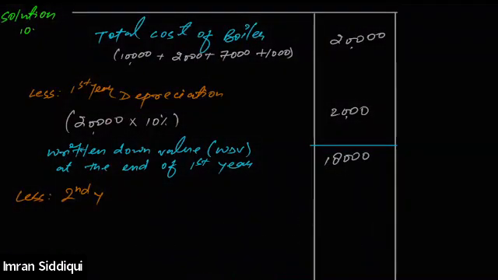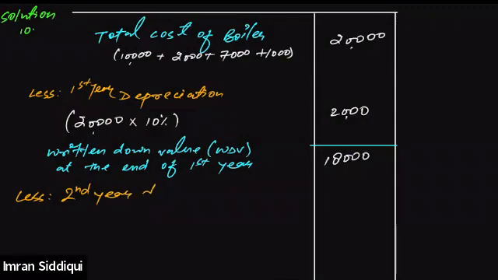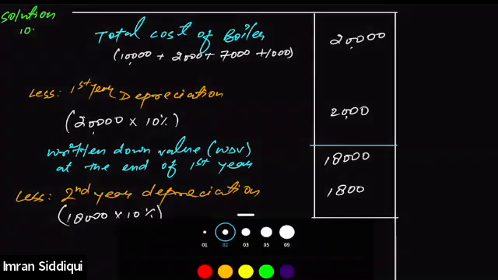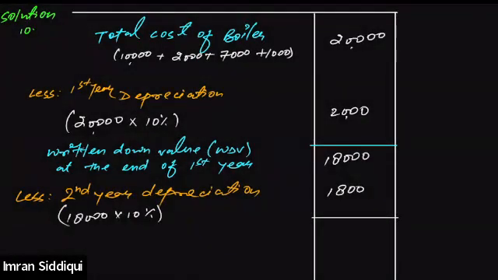The second year's depreciation will be calculated on the written down value of the previous year. So this time we'll calculate depreciation on 18,000 into 10%, which is 1,800. And subtracting this, we will get the written down value.